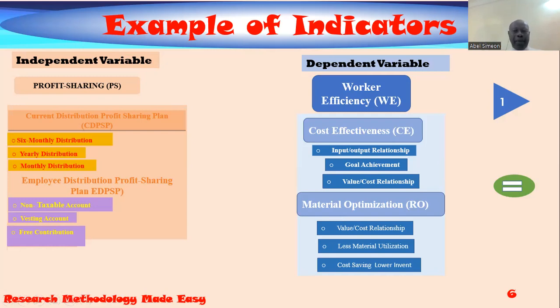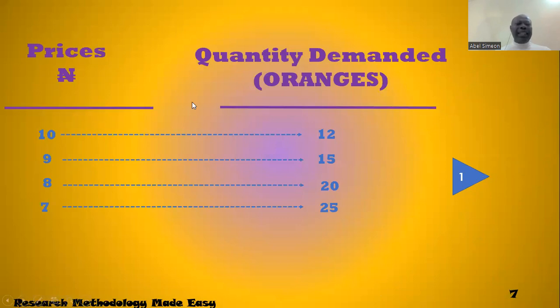When you relate them, you know whether this independent variable impacts on the dependent variable. If you don't do that, how will you then know? Because these are not econometric data. These are sociometric data. Econometric data is very easy. At 10 naira, 12 oranges were demanded. At 9 naira, 15 oranges were demanded.